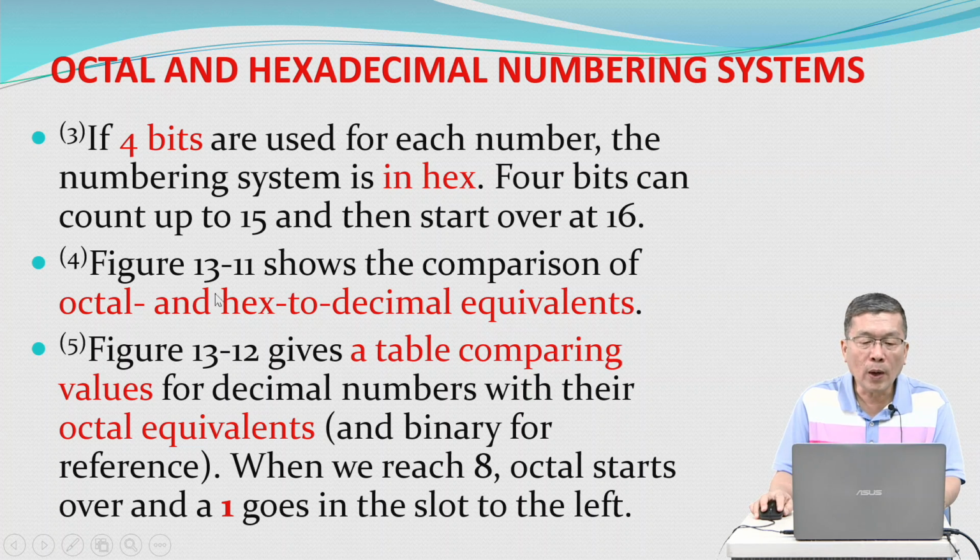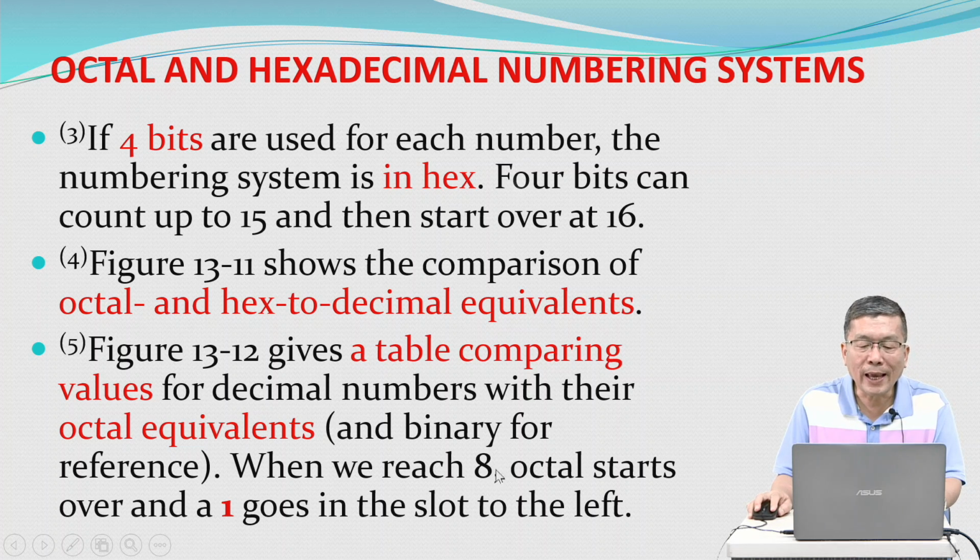Figure 13.11 shows the comparison of octal and hex to decimal equivalents. Figure 13.12 gives a table comparing values for decimal numbers with their octal equivalents and the binary for reference.